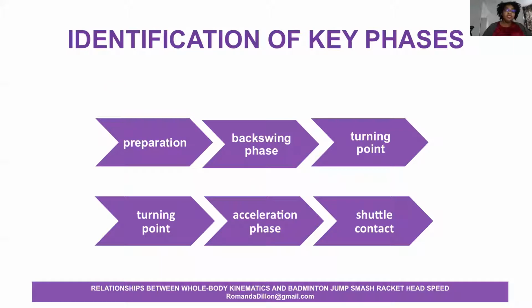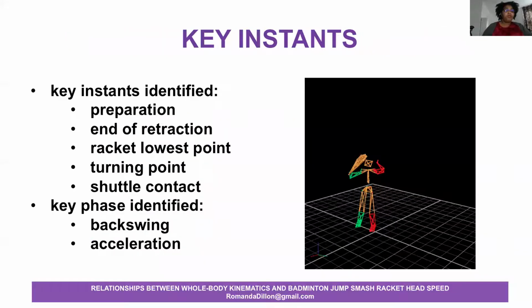Along with those key instances were 2 phases that were deemed important when performing the badminton jump smash. The backswing phase is the time it took a person to get between the preparation point and the turning point, while the acceleration phase is the time it took a person to get between the turning point and the shuttlecock contact. Again, these are the key instances and phases identified and calculated for this study.